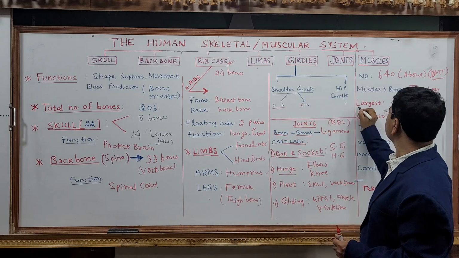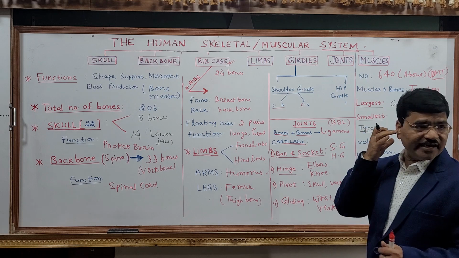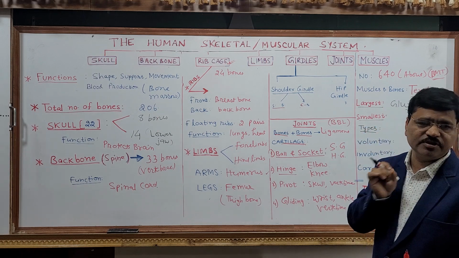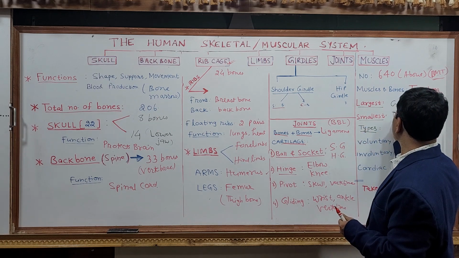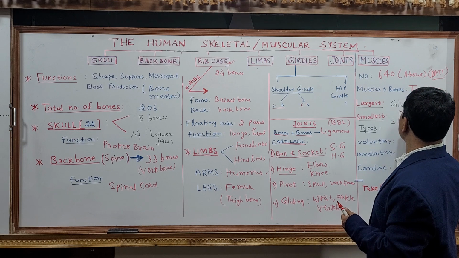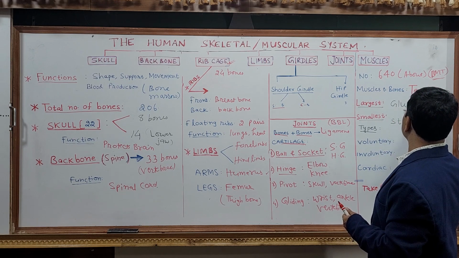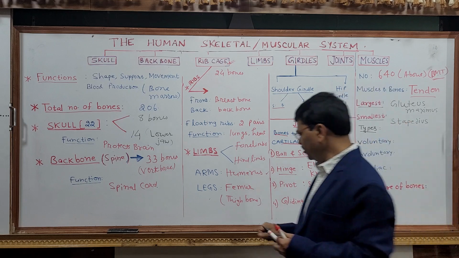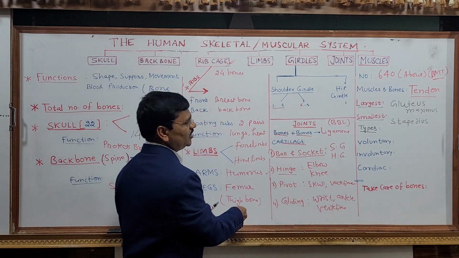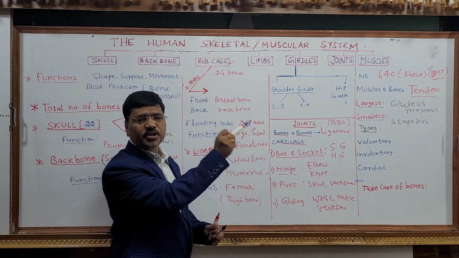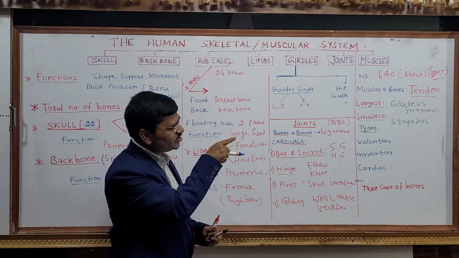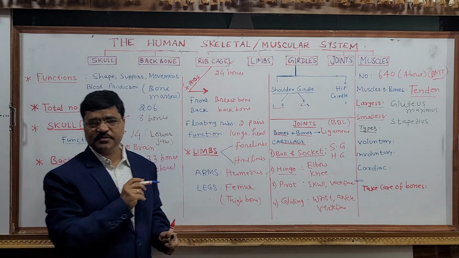This is the largest muscle of the body, and inside the ear, the smallest muscle is present. That is called stapedius. Stapedius. What is there in your book? That much only I am discussing here. So the largest muscle is gluteus maximus, and the smallest muscle is stapedius.